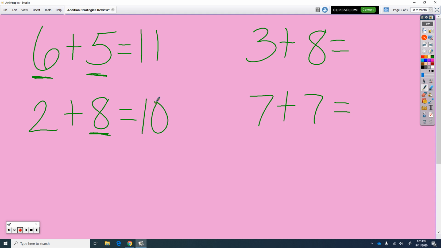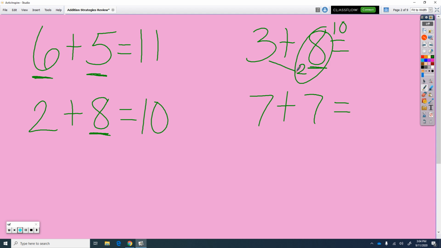All right, and then we talked about the make a 10 strategy, and we talked about how important 10 was in our last lesson. So the make a 10 strategy, you also have to start with the larger number, and you are going to try to make it a 10. So to make it a 10, hopefully we're remembering that if you have 8, you only need 2 more to make it a 10.